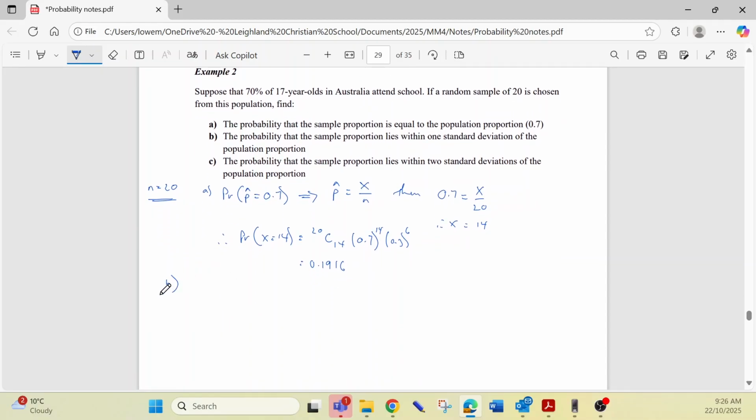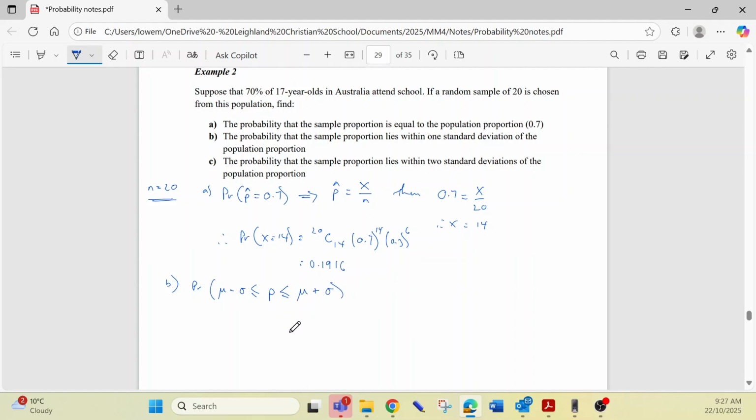Part B. Find the probability that the sample proportion lies within one standard deviation of the population proportion. So we're looking to find the probability that mu minus sigma, mu plus sigma.